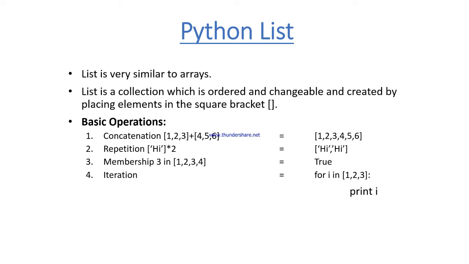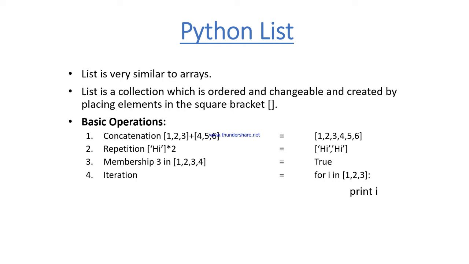If you are multiplying a particular list n number of times, then it will repeat those elements and make one list. The third is membership, which means if you are searching for a particular element in a list, then it will result in two states, either true or false. And the fourth one is iteration, which means you are iterating the elements in a list.